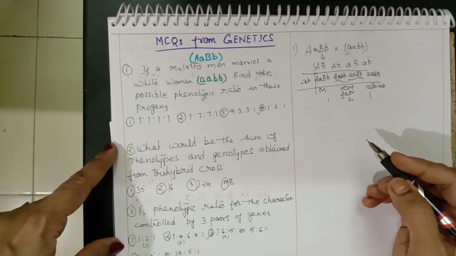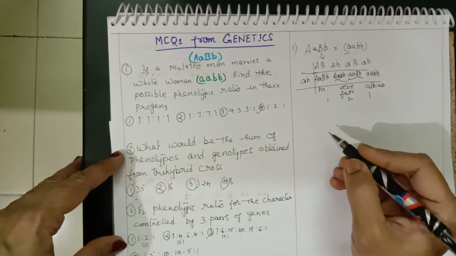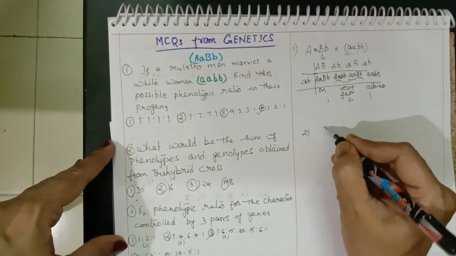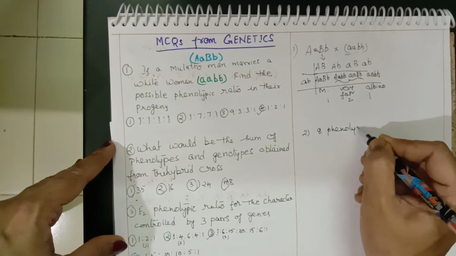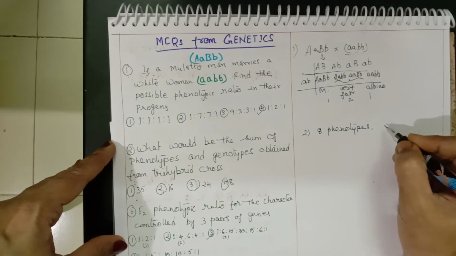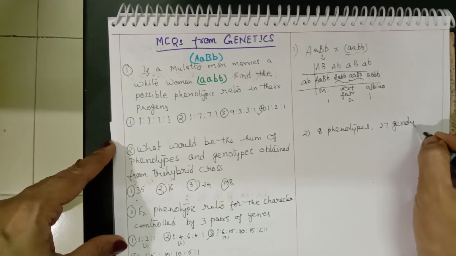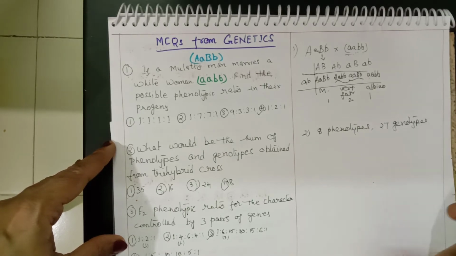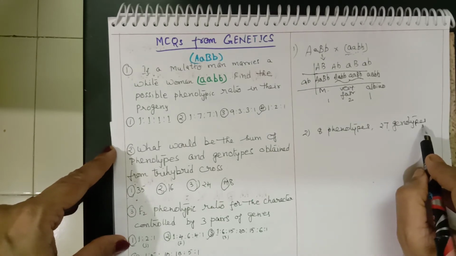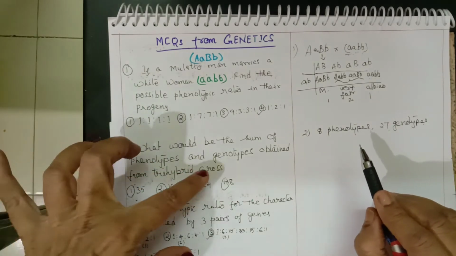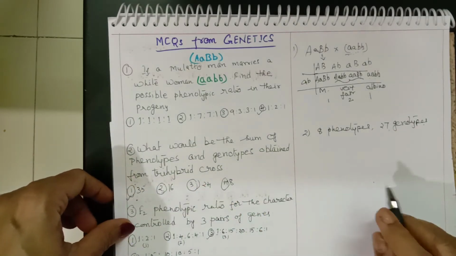So in a trihybrid cross, there will be 8 phenotypes and 27 genotypes. I am going to give you shortly a table. So 8 phenotypes and 27 genotypes, and when we add these two, we get the answer as 35.